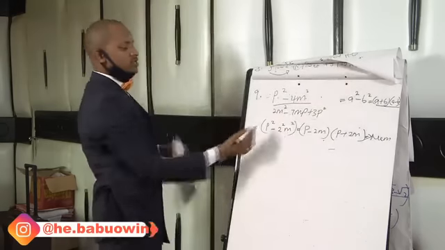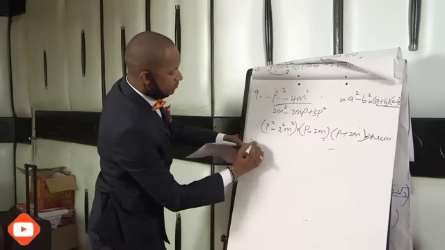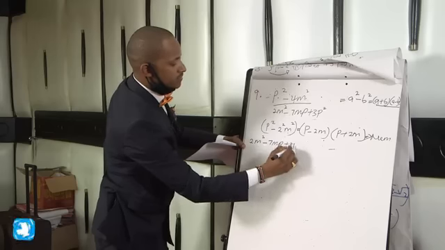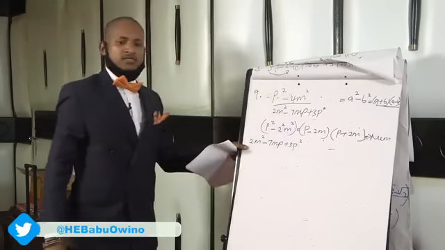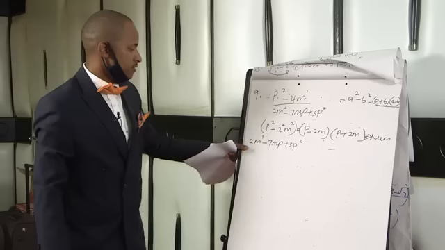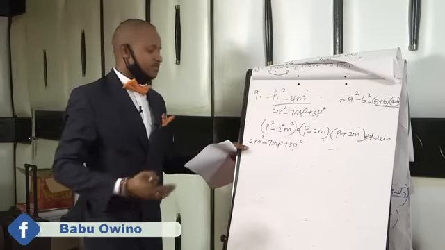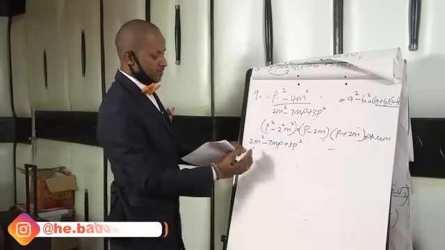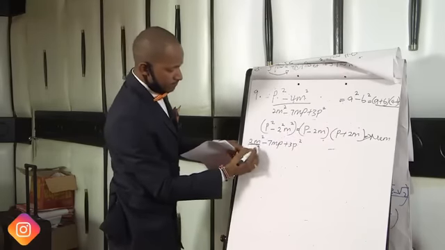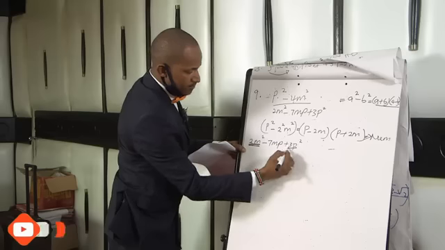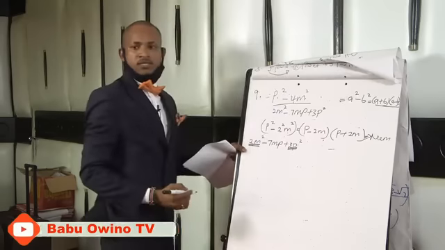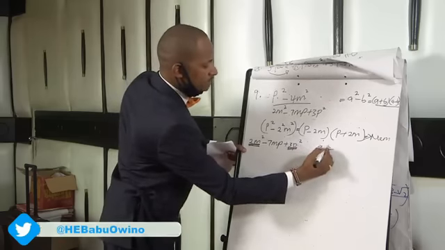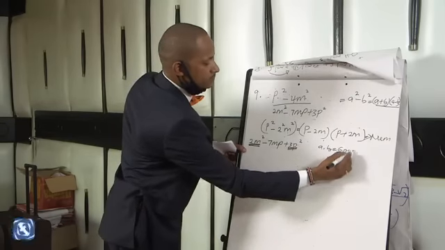Then we go to the denominator. At the denominator, we have 2m squared minus 7mp plus 3p squared. This is a quadratic expression, and we solve it just by factorizing. Look for two numbers that when you multiply give you 2m squared times 3p squared, so 6mp.